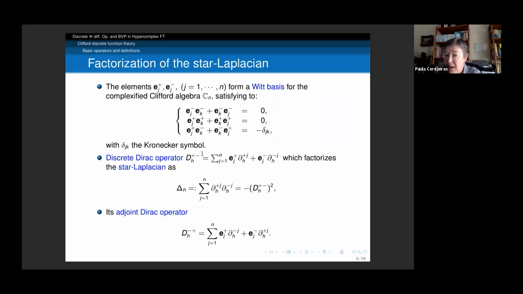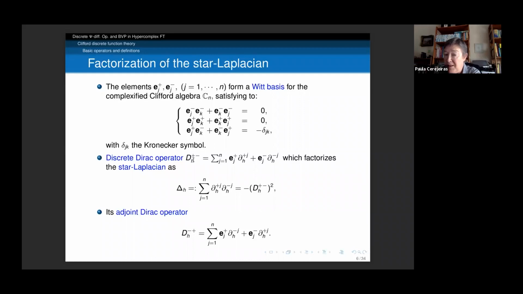This allows us to decompose the star Laplacian as a product of backward and forward differences. These actually can commute. I use forward, backward, but you can put backward, forward in each direction, and you can also choose in which order these elements appear.